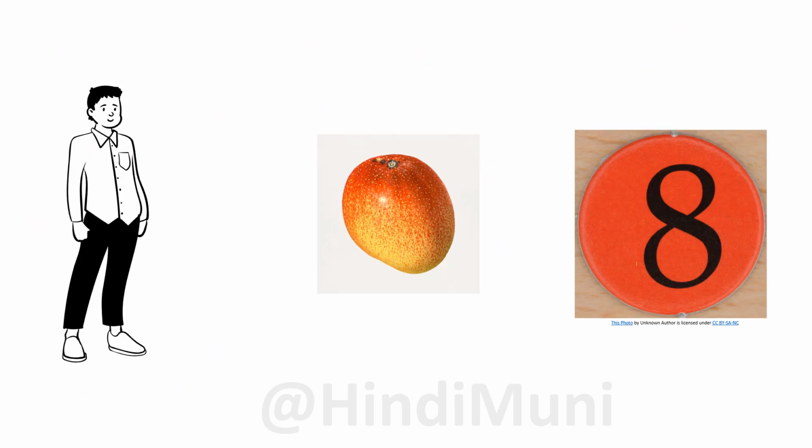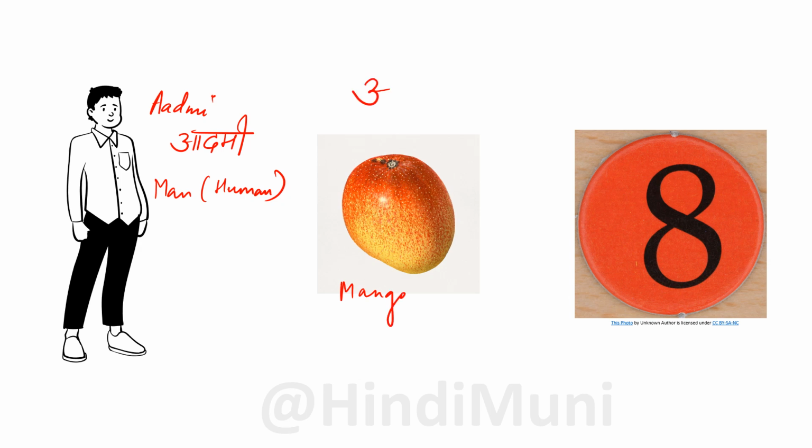Next, we look at a few examples. The first is human, a man. This man is the human one. It's called Aadmi. And this is a mango. It is called Aam.